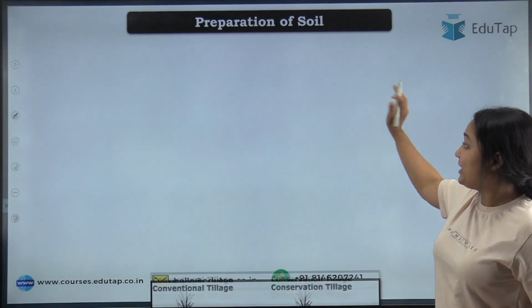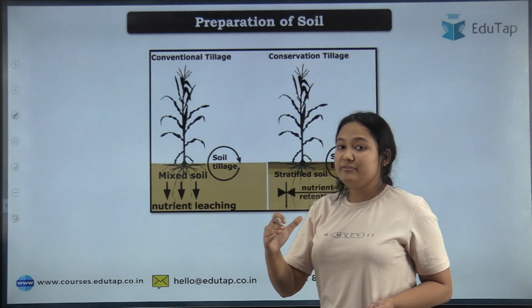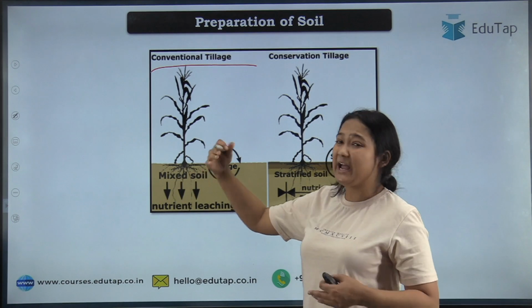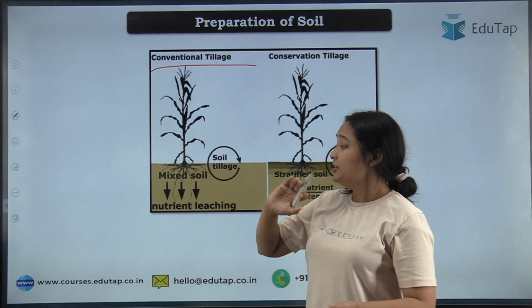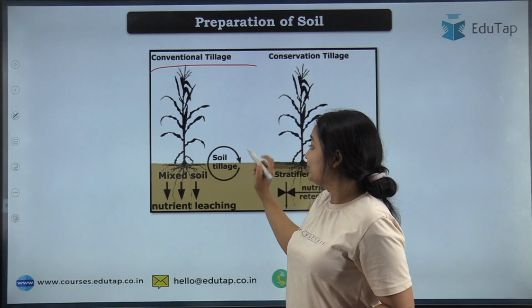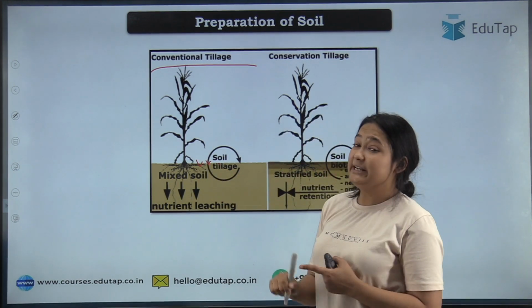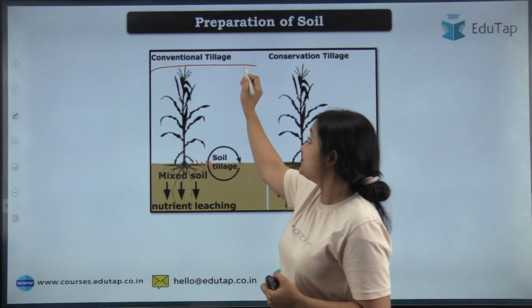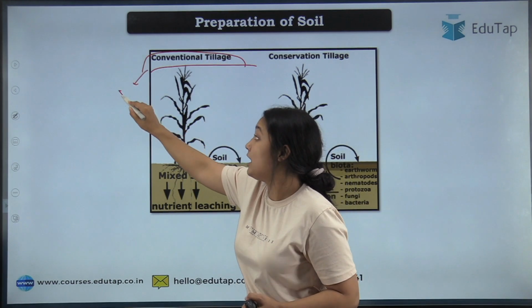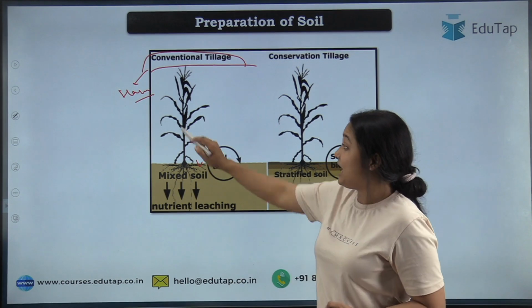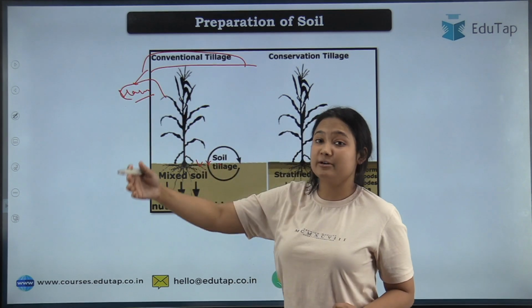So talking about that, in case of soil, when we are talking about tillage, in conventional tillage we do primary, secondary, subsoiling, earthing up, that is all. What we do is break the clods of the soil. But it is generally said that conventional tillage has more harm than advantages, and this harm appears in the long term.